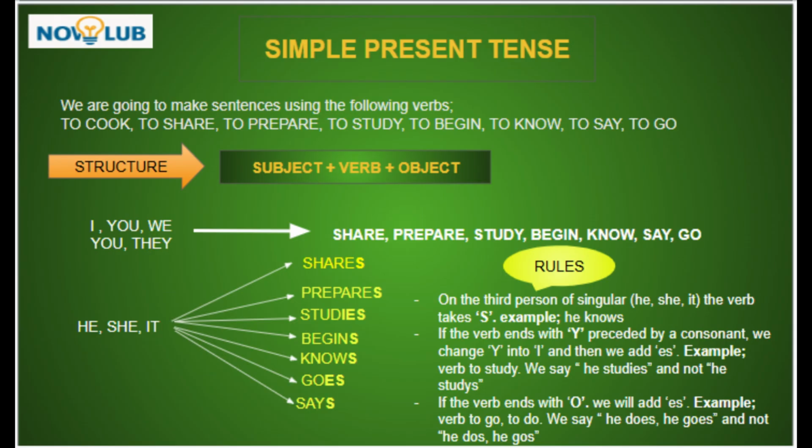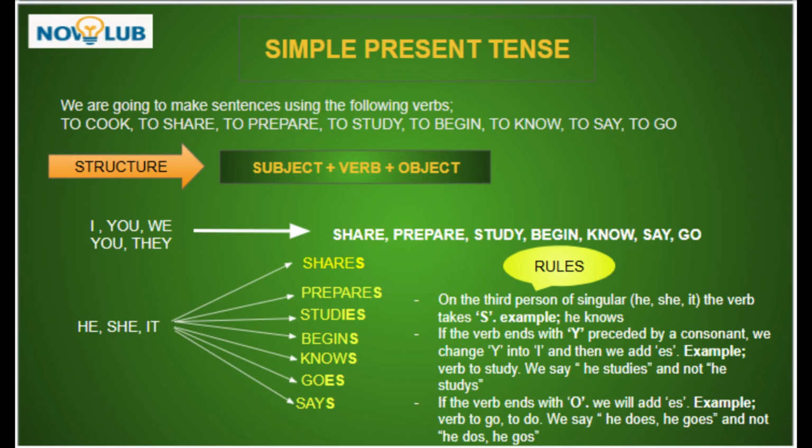But when the verb ends with y preceded by a consonant, like study, study ends with y, and it is preceded by a consonant d. So what we do here, you don't add an s on study.